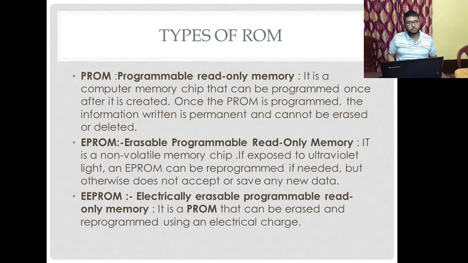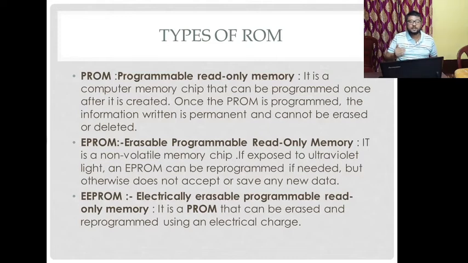We can program it once, and if I want to delete the program, I put it near ultraviolet ray. When I put it in front of any ultraviolet light, the data inside the EPROM gets deleted, and again you can reprogram it.